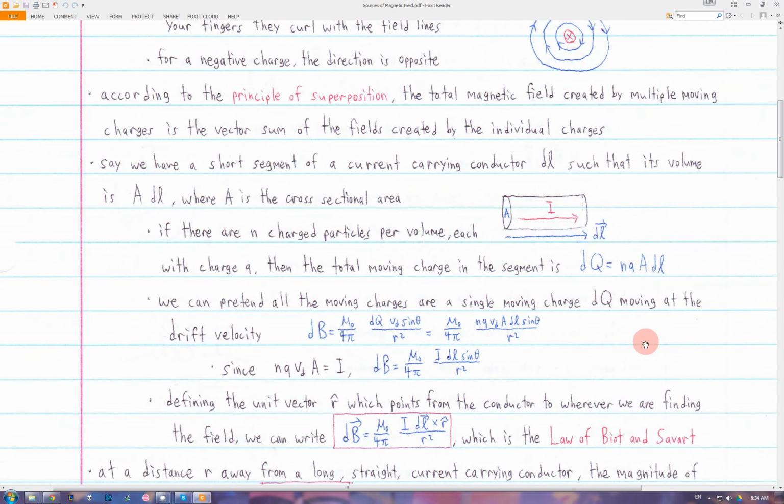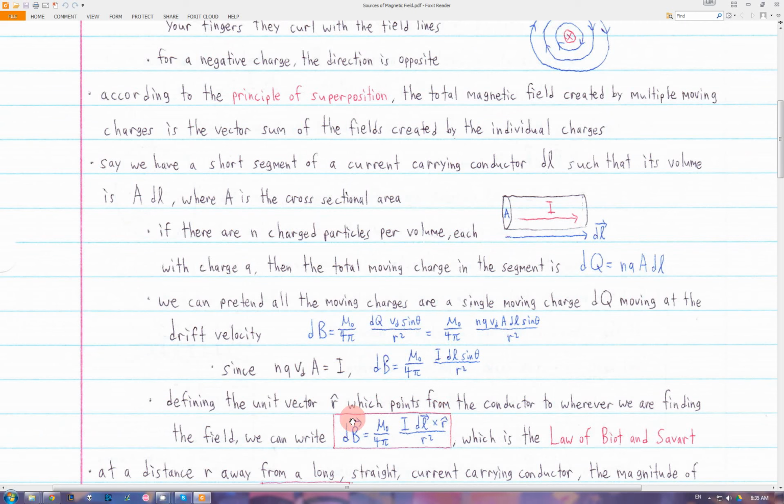So now we have a general rule. If we just replace the sine theta with the dl cross r hat, where r hat is again just a unit vector that points from the conductor to the point where we're trying to find the magnetic field, then we get this expression, which is called the Law of Biot-Savart.